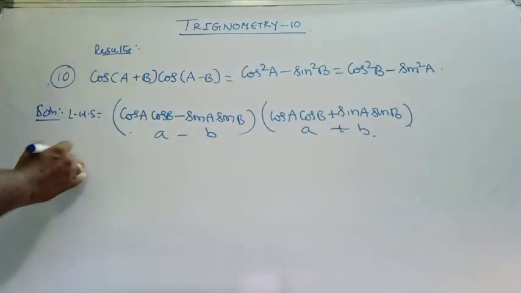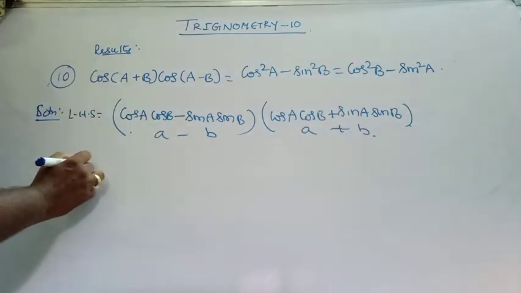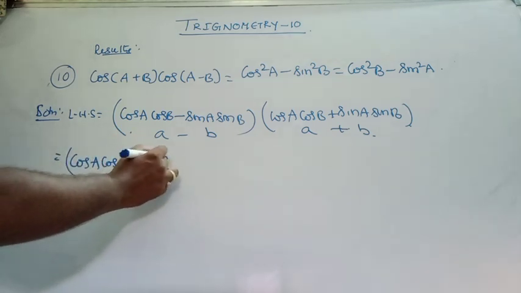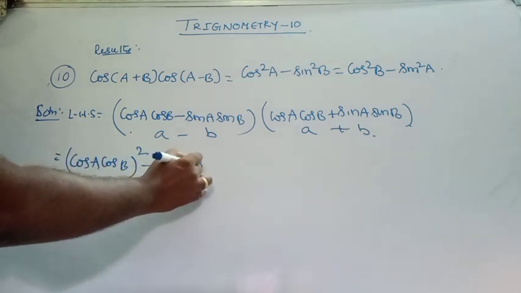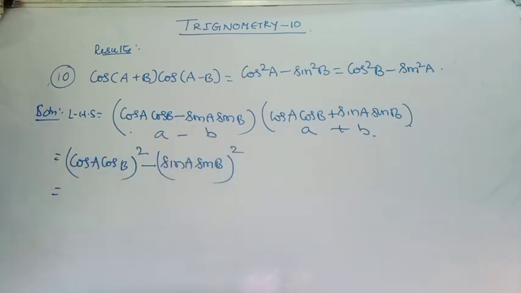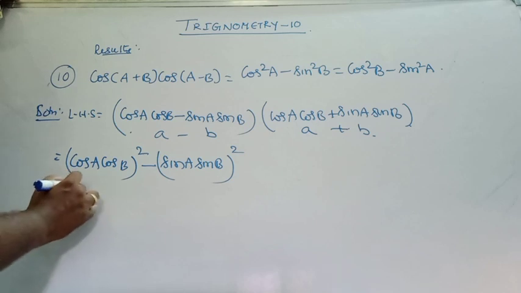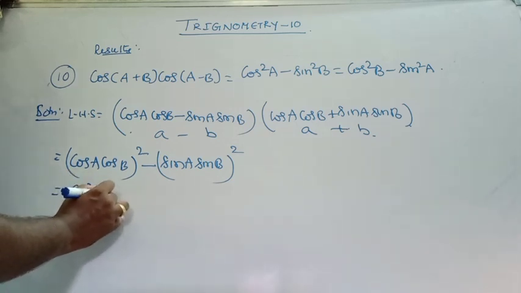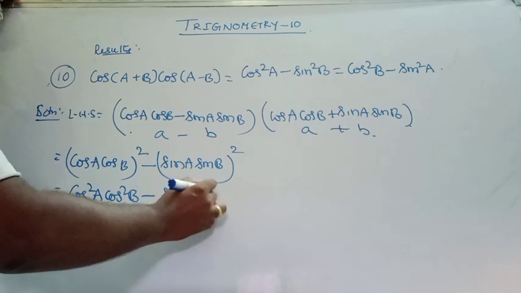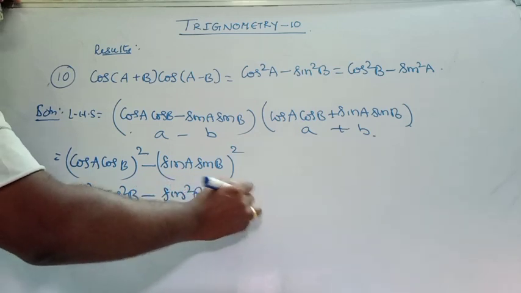Now this is equal to, what we can do is cos A cos B whole square minus sin A sin B whole square. Like this we can write this. Now this becomes cos square A cos square B minus sin square A sin square B. Right?